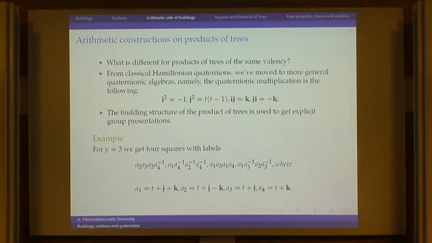Potentially our statement is stronger than Bonk and Kleiner's statement for buildings, but we don't know if there are any examples in between them. So it's a very interesting question.